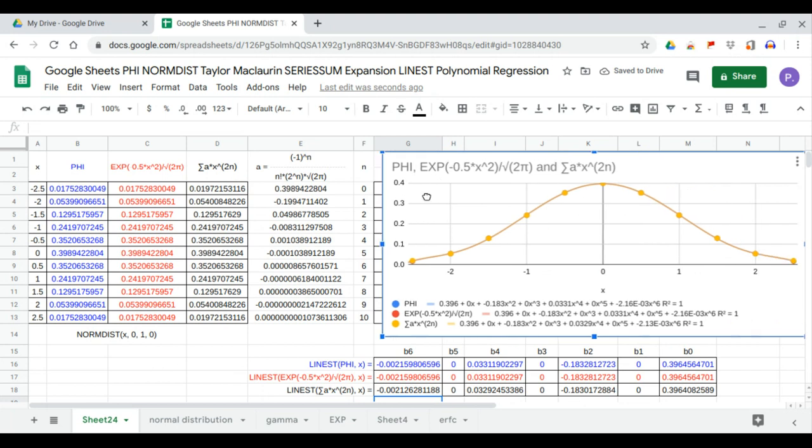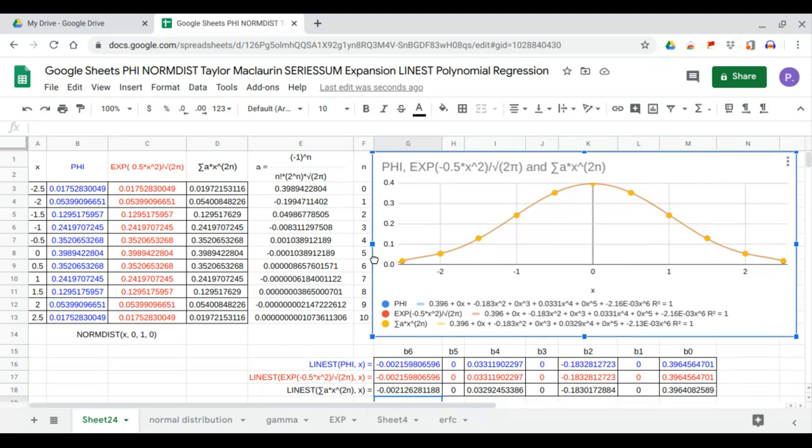Let's compare. Our B0, they're the same, 0.396. Our B1, they're all 0. Our B2, negative 0.183, they're also the same. B1 here is 0.398, this one is negative 0.199, so almost close. Our B3, they're all the same, 0.